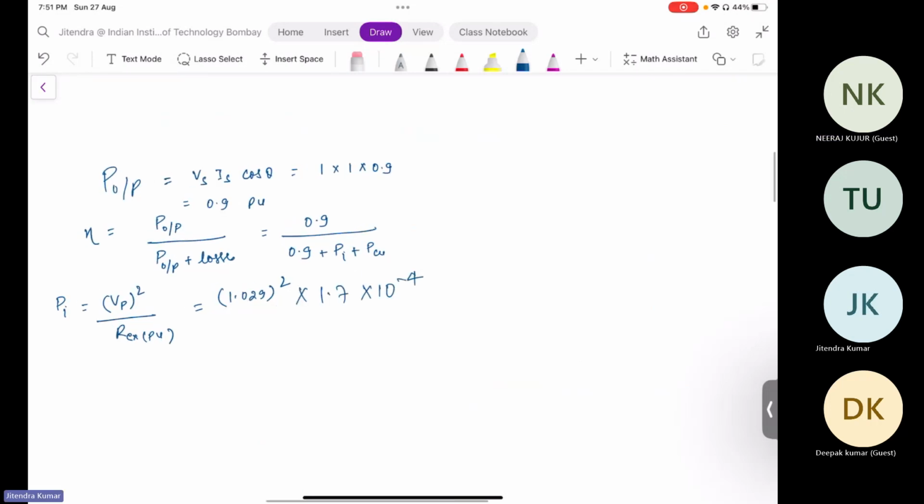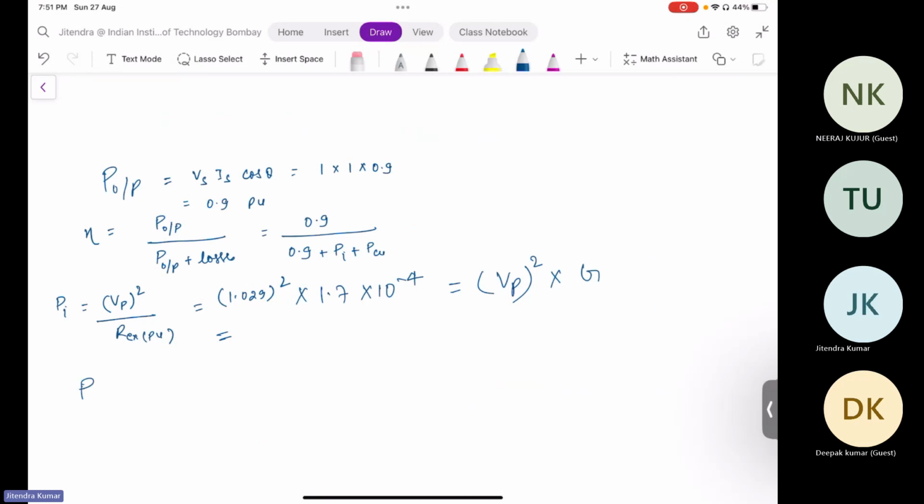Why are we multiplying? Because we have computed the conductance value, so we are doing Vp square into G. So this will lead to some value that will be the iron loss.